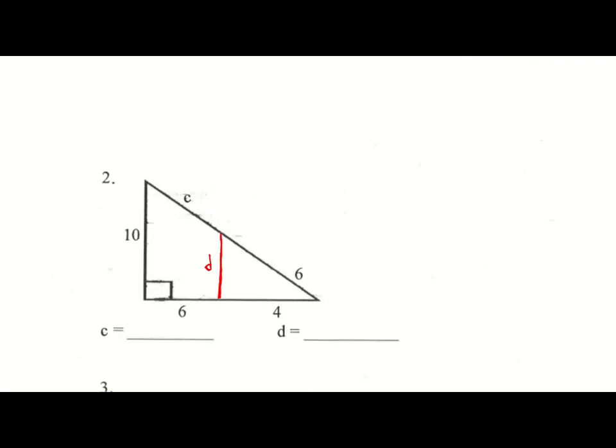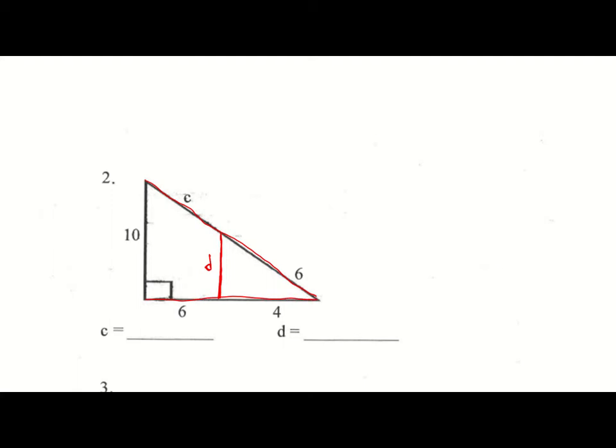Okay, we have one last example. In this one, it's asking us to find C and D. To start off with, if we look at our two segments, we've got this segment on one side and this segment on the other.